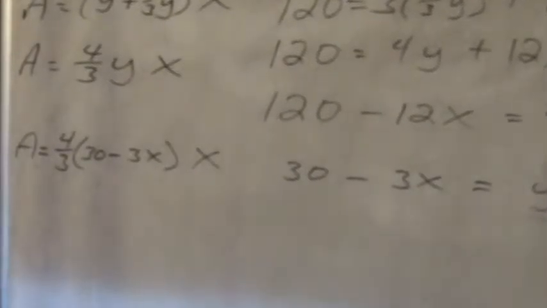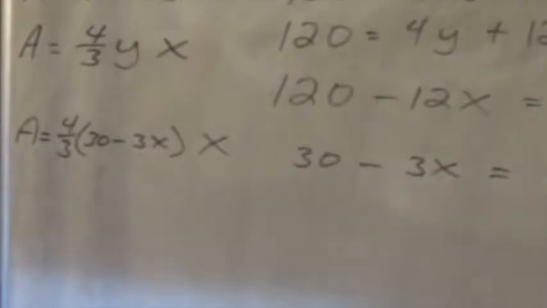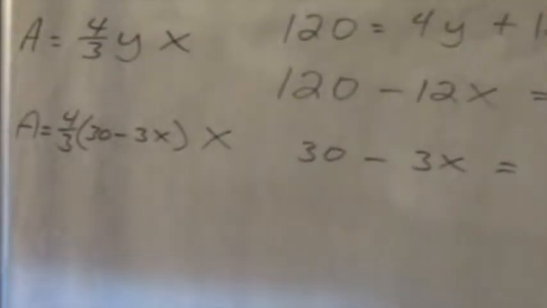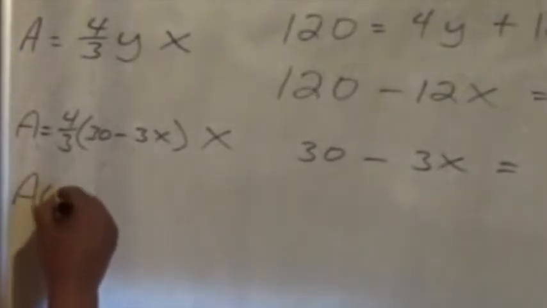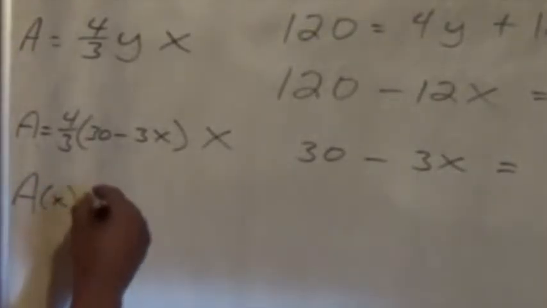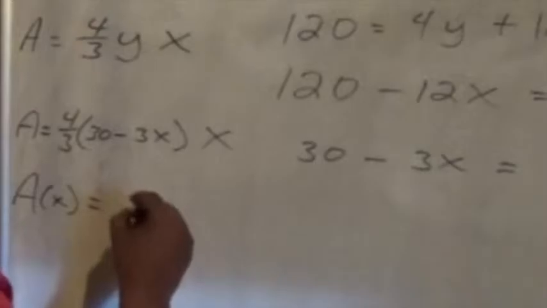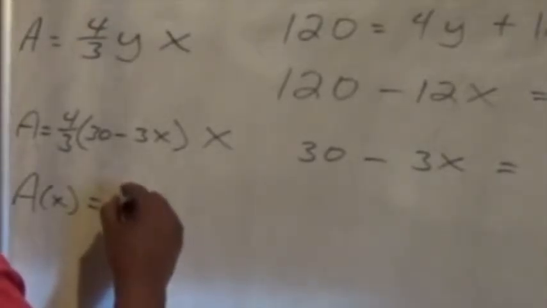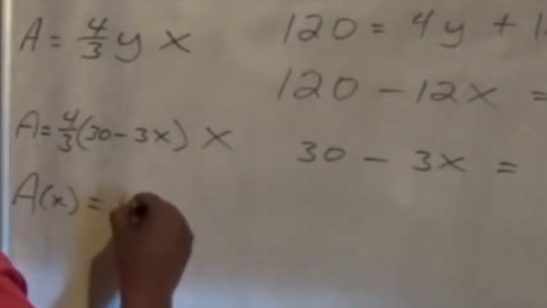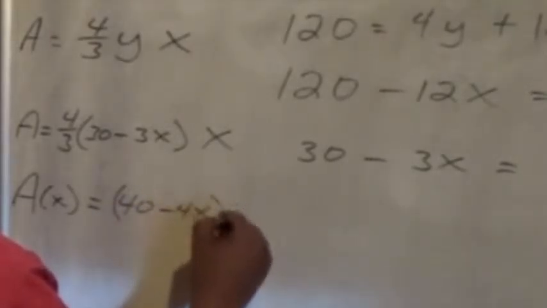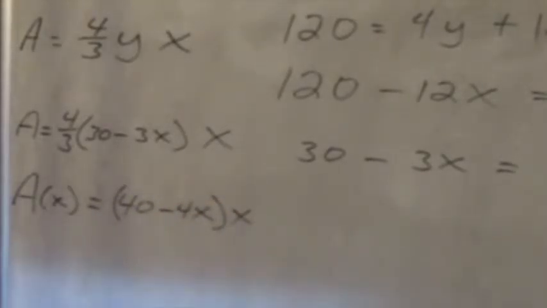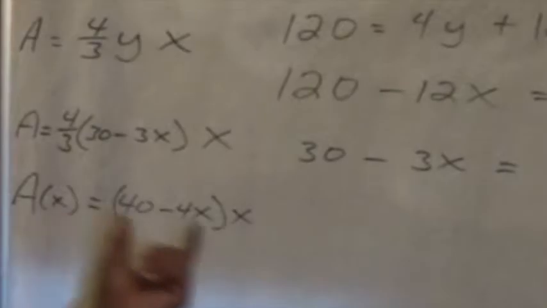From here, I'm going to distribute my 4/3 into the function, and then I'll distribute my x. I'm now showing that this is all in terms of x.